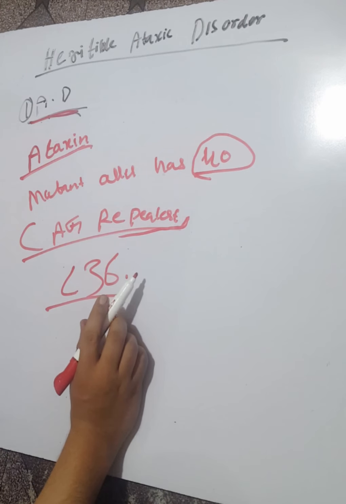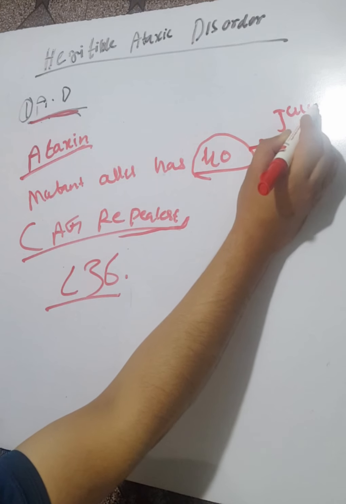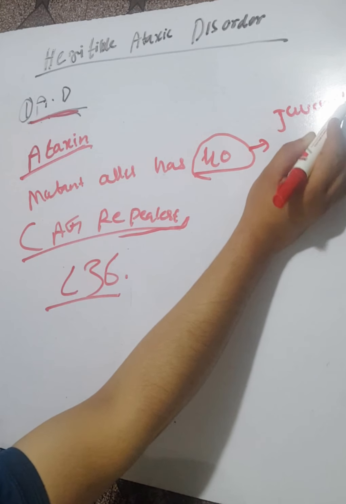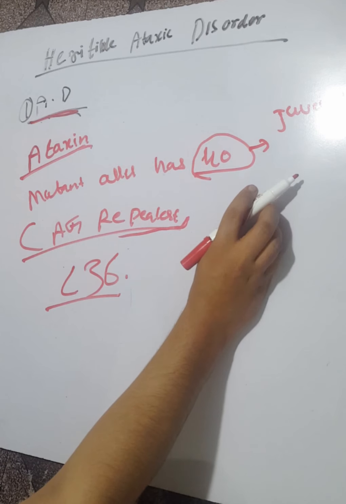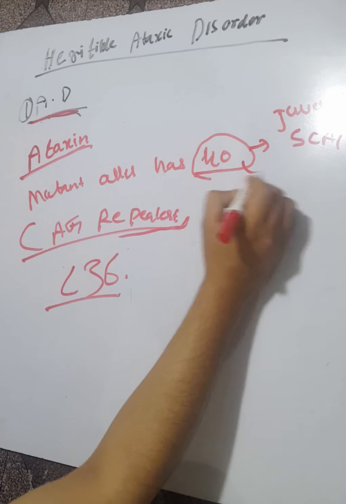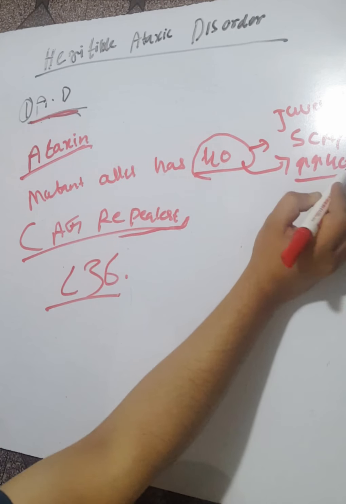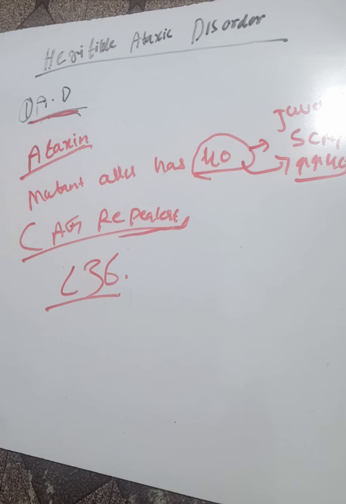But juvenile SCA1 has a higher number of repeats, that may be greater than 40 repeats.